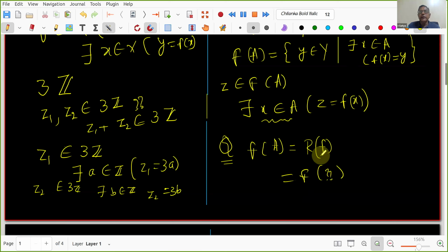F of A is equal to range of f. Then f of A is equal to some other set. What is that? Sargun. It is X. Capital X.